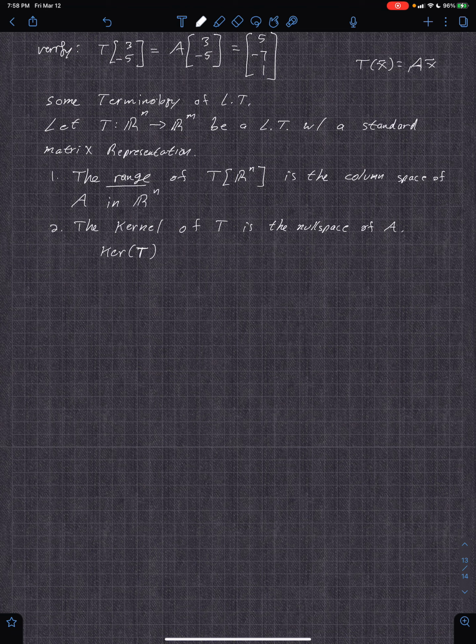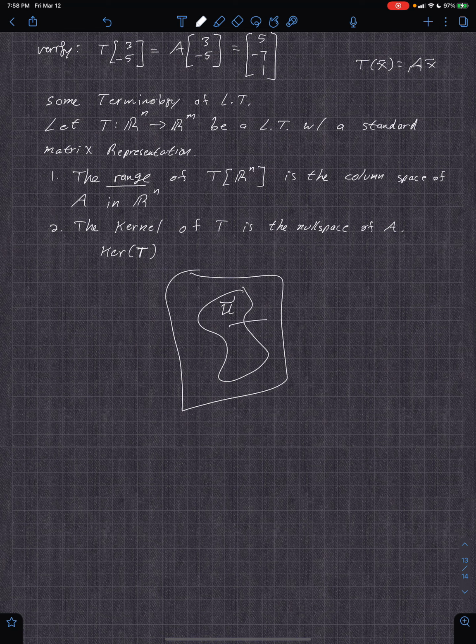It's basically what maps to 0. So you have this big set like this and all these vectors here. And so the kernel is what's being mapped to the 0 vector. So this set over here is called the kernel. Okay, we'll get to more of the details later.